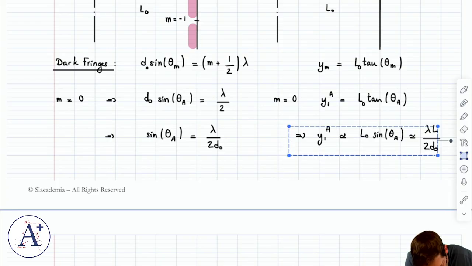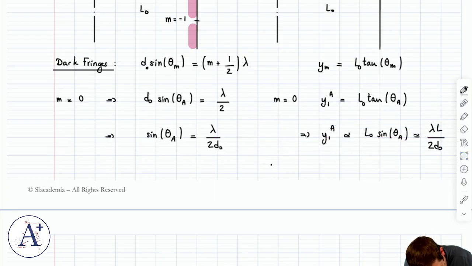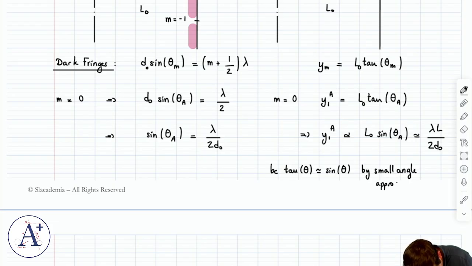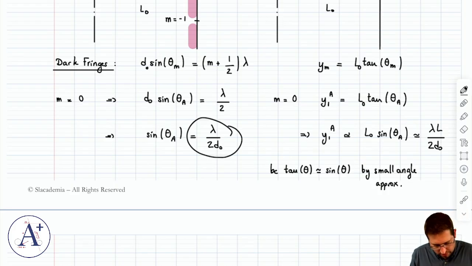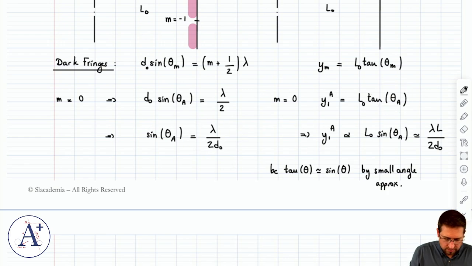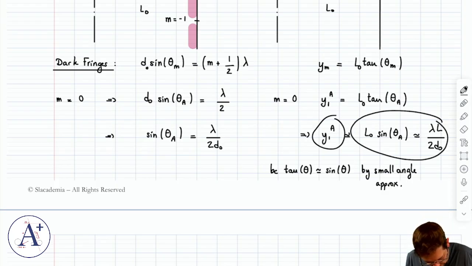And the reason I can do that is the small angle approximation, because tan theta is approximately sine theta. It's nice because I wouldn't want to arc sine this and then plug an arc sine into a tan. That's just tedious. So the small angle approximation makes it a lot nicer for me. And I find that y1a is going to be this.